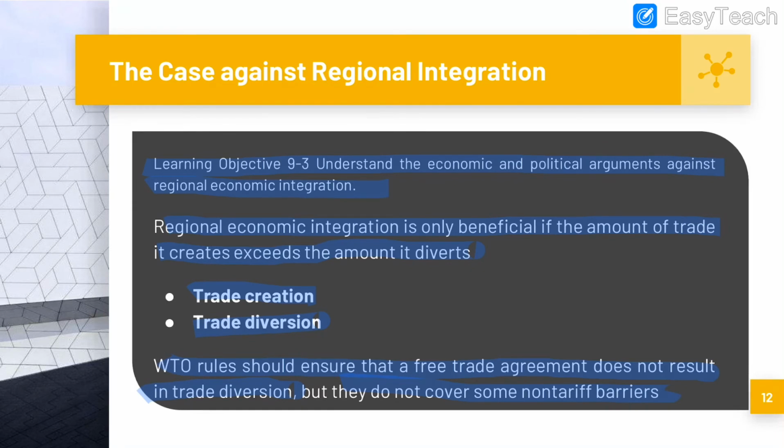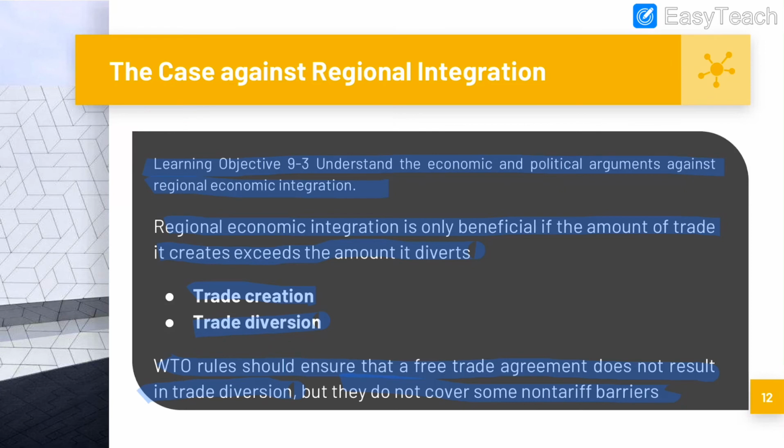So what exactly are trade creation and trade diversion? Trade creation is the increase of trade that occurs between member countries of a trading bloc following the formation or expansion of the trade bloc. Trade diversion, on the other hand, arises when imports from the rest of the world are replaced by more expensive imports from the partner country.